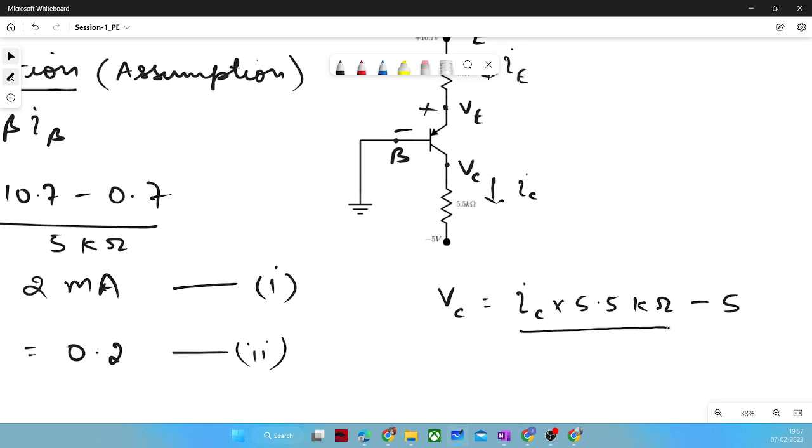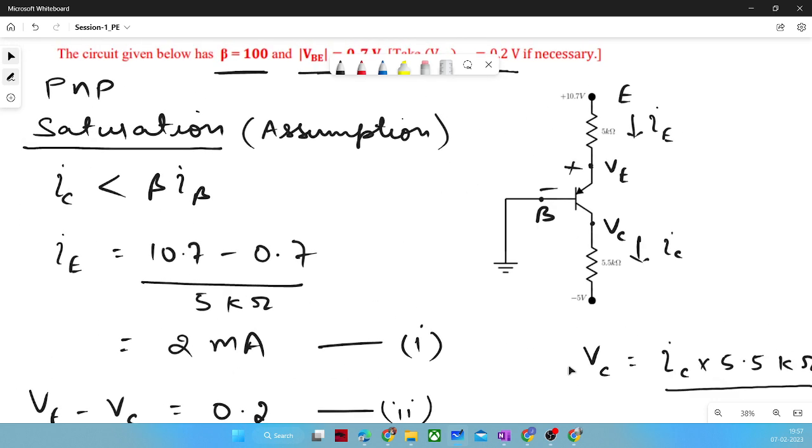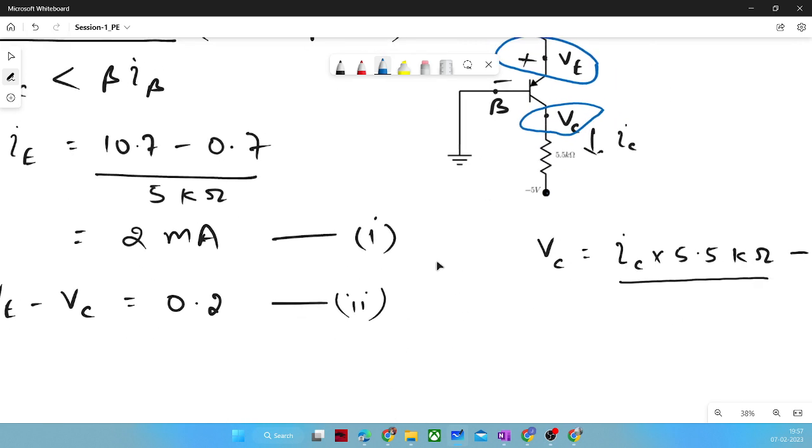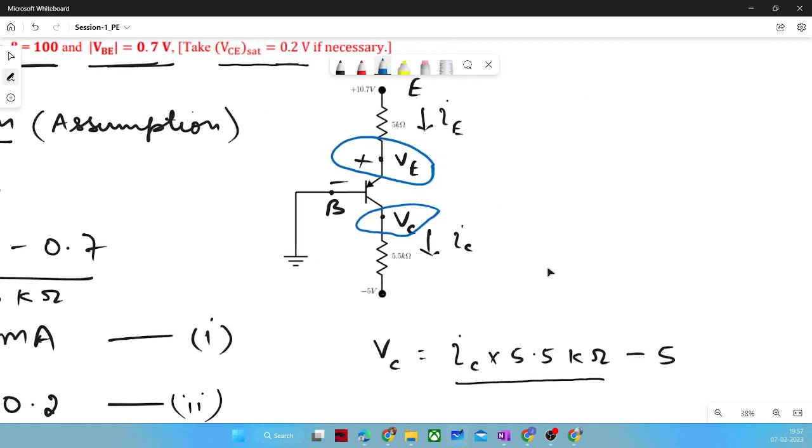And before that, VE we can compute, since IE we have computed. If we compute this voltage VE, we know the difference between VE and VC, and then we will get to know the value of VC. After that, we will be able to compute IC from the difference between VC and this potential. That's what we are trying to do here.